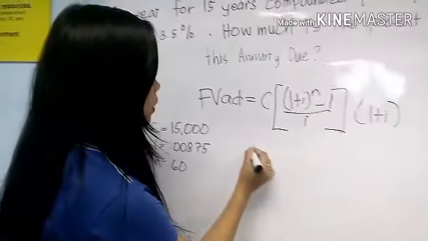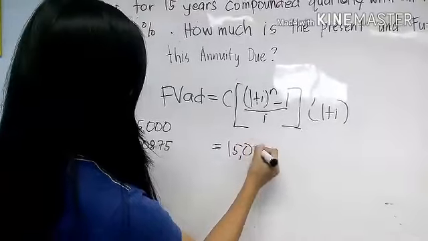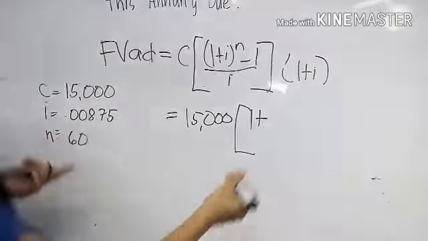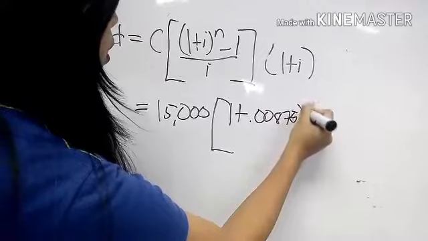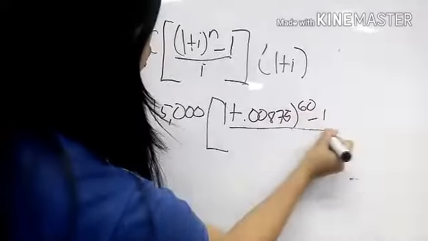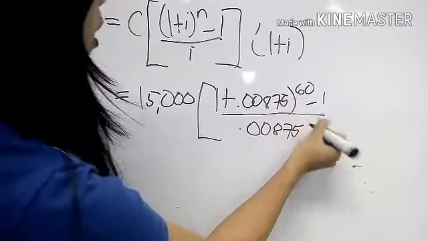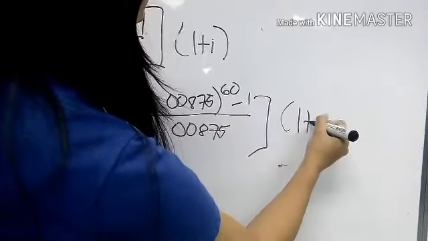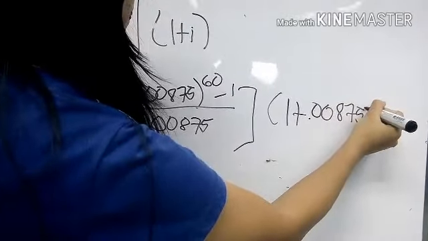Now, C is 15,000, quantity (1 plus 0.00875) raised to 60 minus 1 over 0.00875, which is the interest rate, times 1 plus 0.00875.